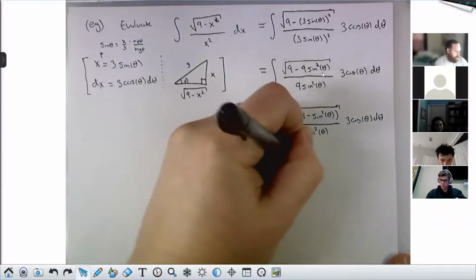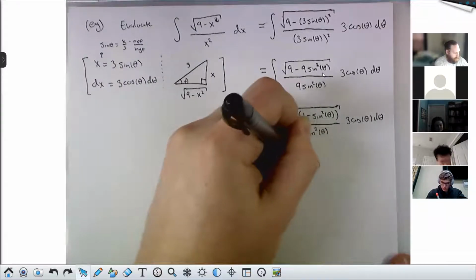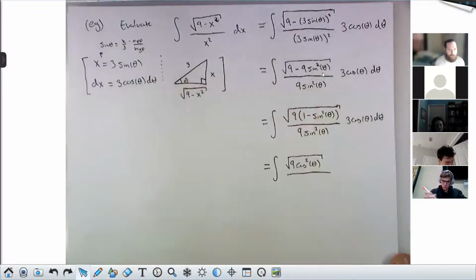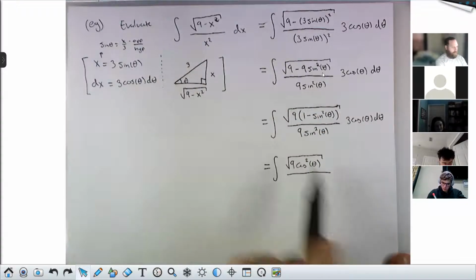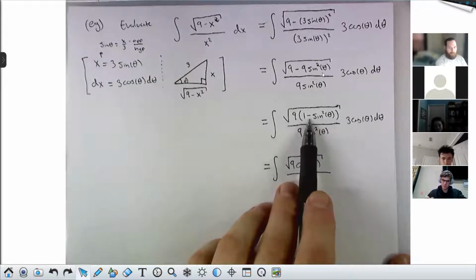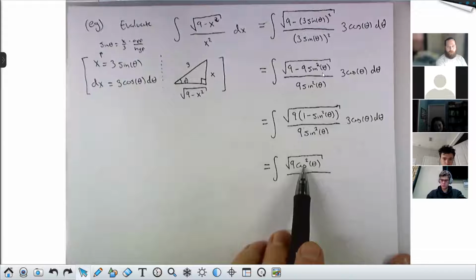One minus sine squared is cosine squared. So under my square root upstairs, I have the square root of 9 cos squared theta. This is the magic step, because here is where you go from having some subtraction under your square root to not having any subtraction under your square root.